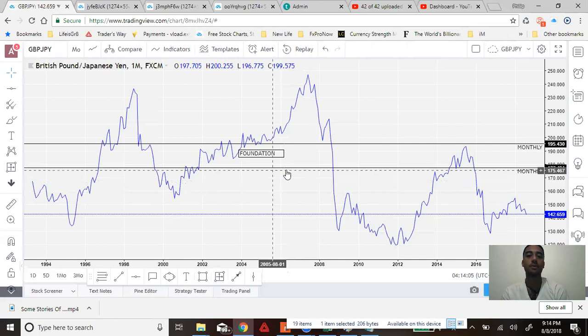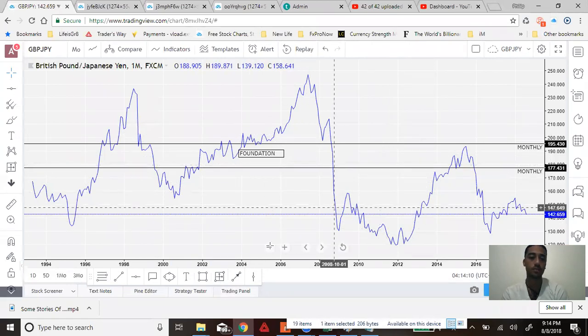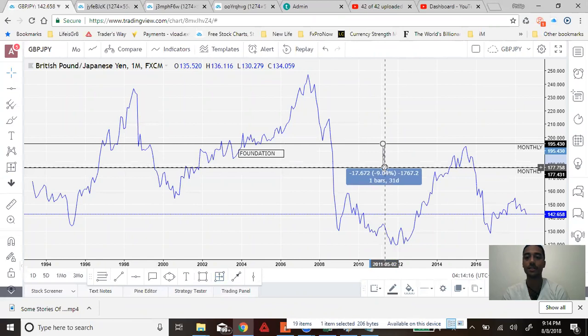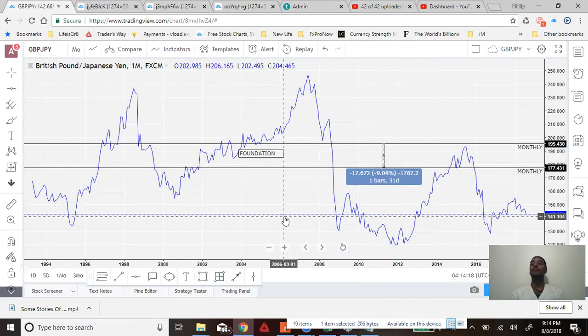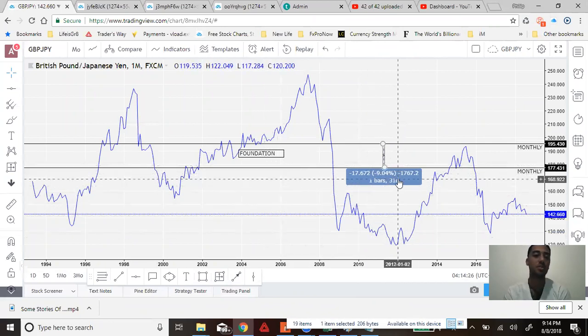Now if I do the difference between this and this, real quick, we'll see that this is 1,700 pips. It's okay. It's not as good as I would like it, but it's okay, because we don't want it to be more than 1,500 pips, but if there's nothing, there's nothing. You know what I mean?